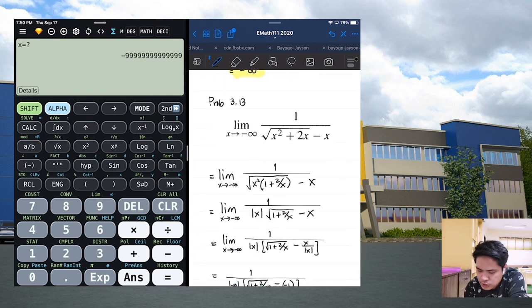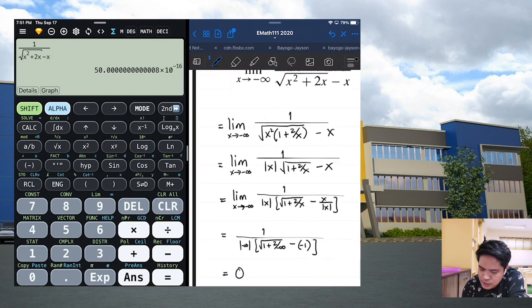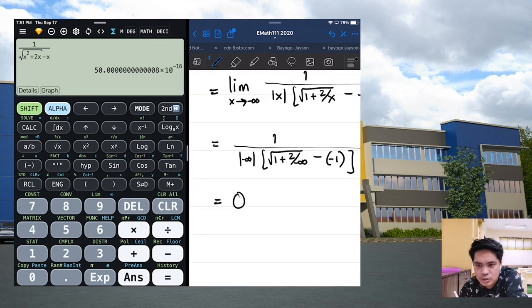That's a very large number, na negative. So that's negative infinity. So the result is this. So kung titingnan mo, times 10 raised to negative 16, that means that's 0.00000000005. So yun yung answer niya dyan. So meaning that is very close to 0. So our answer is 0. So the limit is 0.